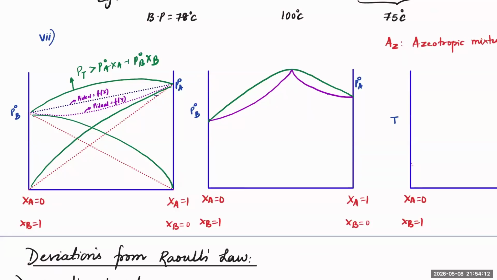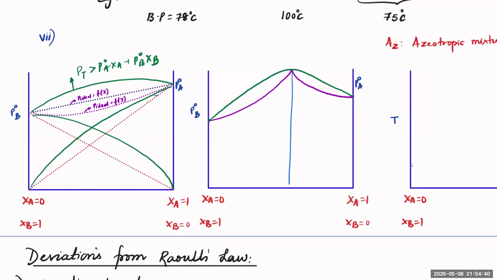You are getting a certain point where, if I draw a horizontal line from the mole fraction in liquid state, that gives the mole fraction in vapor state for the same liquid composition. But now this is a point where you are actually noticing both of them are same.